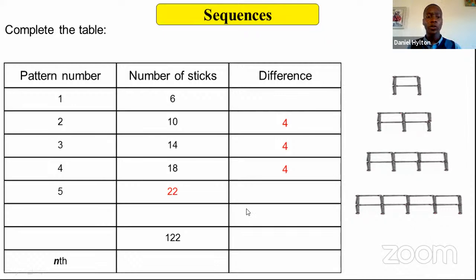If we know the nth term and we know the expression to calculate the nth term, we equate the nth term to the expression and solve for n. So doing that and simplifying, we'll get n to be 30. So in this case, our 30th pattern would have 122 matchsticks.